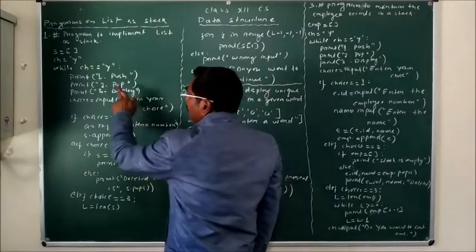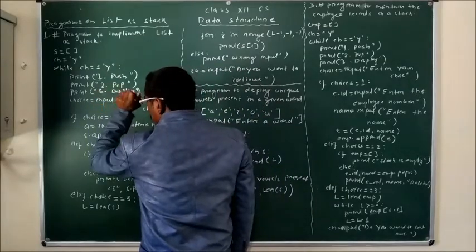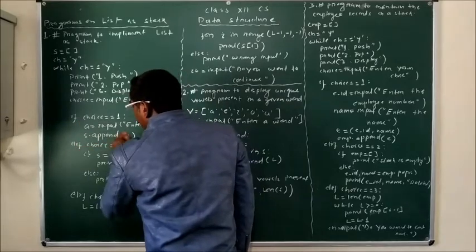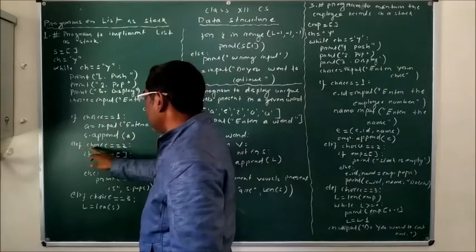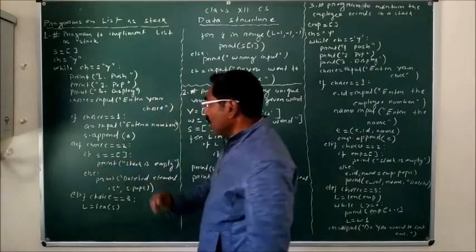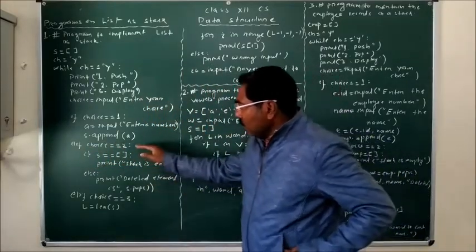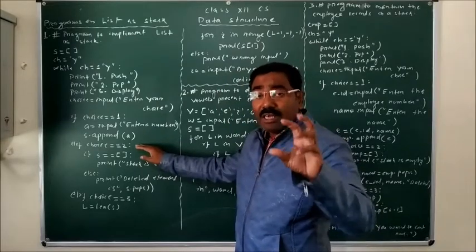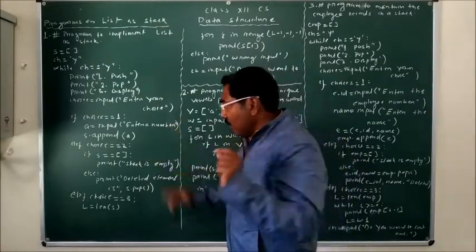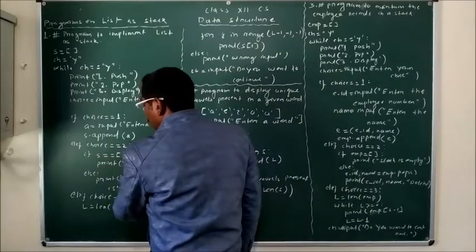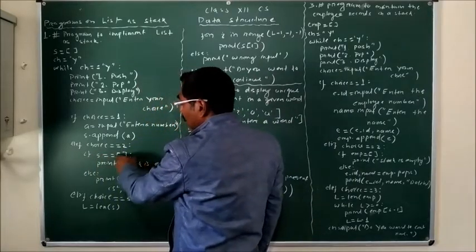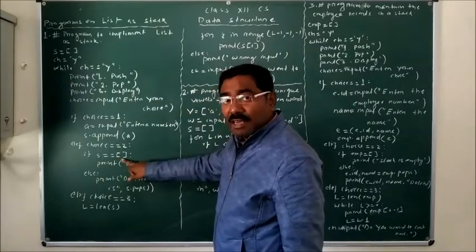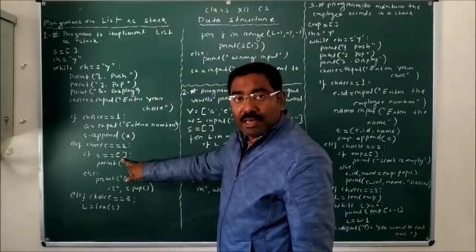If the value you have entered is 2, then instead of this if, the elif will be executed, because here in elif we are checking the condition choice is equal to 2. After execution of this statement, I told you we have to check for an empty stack. For that we are checking if s is equal to a pair of square brackets, that means nothing is stored in the stack.